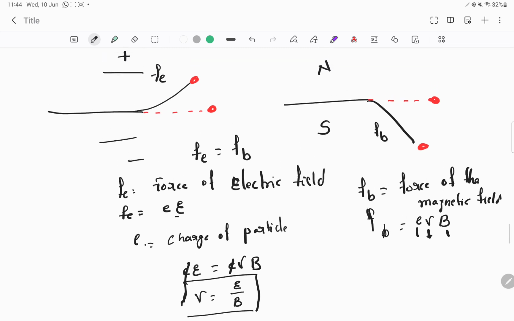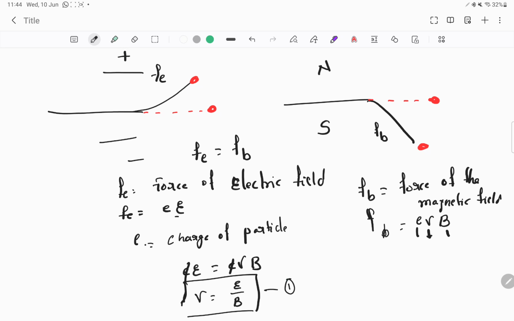So as I told you, since the path is curved, here the magnetic field force is acting as a centripetal force. Let's give this numbering.